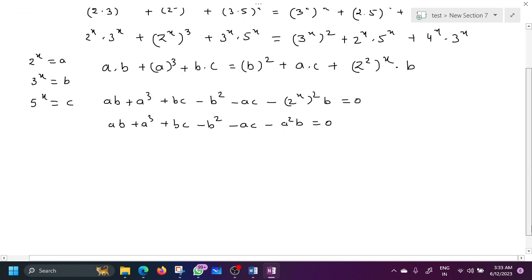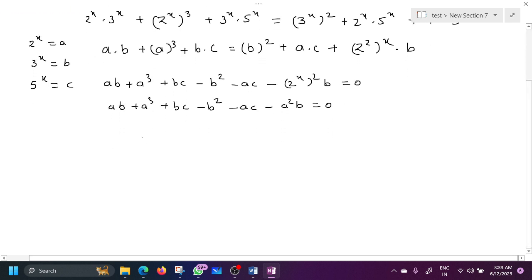Now let's try to factorize this equation, which is a bit tricky because there are so many terms and we need to combine two terms very tactfully.